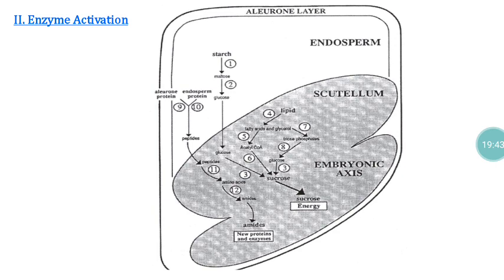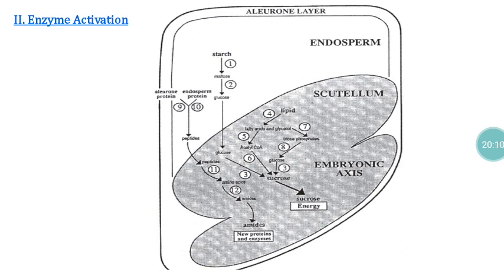Once the seed has obtained a moisture content of 60% through imbibition, particularly in the case of a monocot, the scutellum and embryo get activated. The scutellum gives a signal for GA3 production, gibberellic acid. GA3 plays a major role in regulating the germination process.